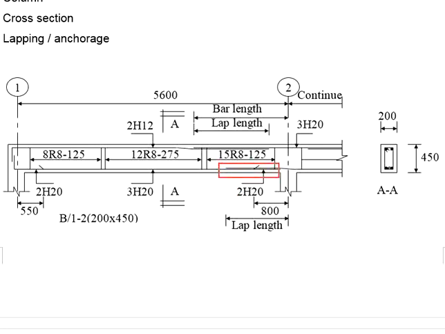Having the lapping near to the support is beneficial, especially for the shear resistance. Because of the lapping, you have extra rebar to take the shear load. And you know that the shear loads will be higher near to the support. So this is about lapping with the reinforcement bar from the adjacent beam.